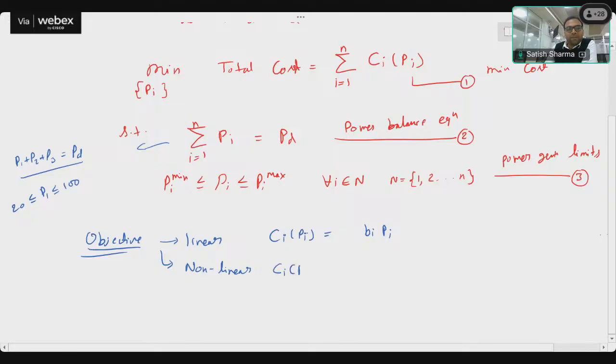If I say Ci(Pi) equals a_n P raised to power n plus a_(n-1) P raised to power n minus 1 plus and so on, and at the end a1 P plus a0, this is how we can write down the entire equation.